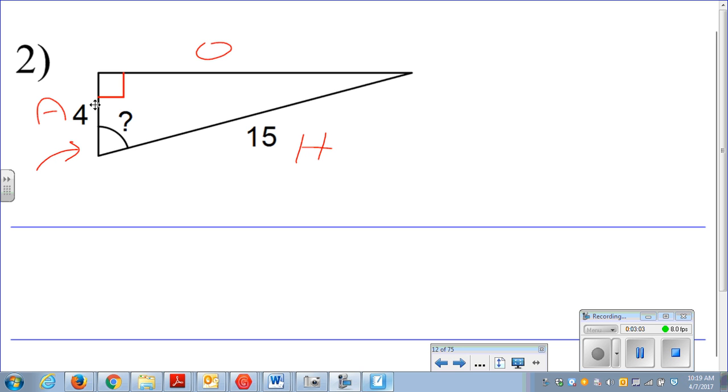Notice how two of the sides of my triangle have numbers by them, and one side doesn't. The adjacent and the hypotenuse are what I want to use to pick the correct trig function. That trig function for adjacent and hypotenuse is cosine. So I'm going to say cosine of the angle, which in this case we don't know, is equal to 4 over 15.